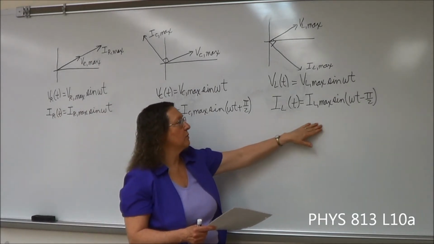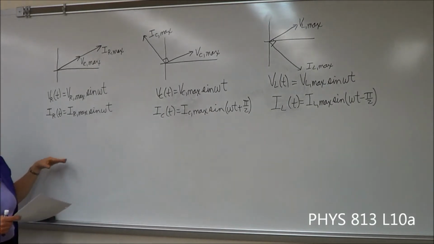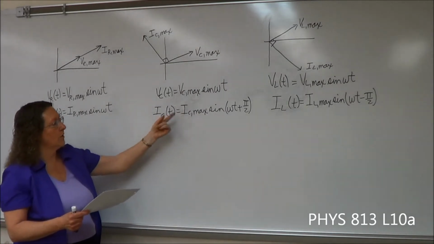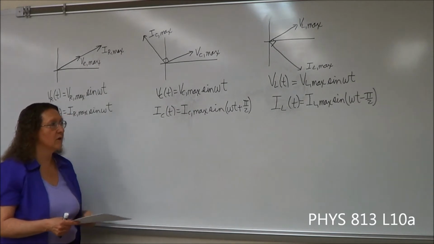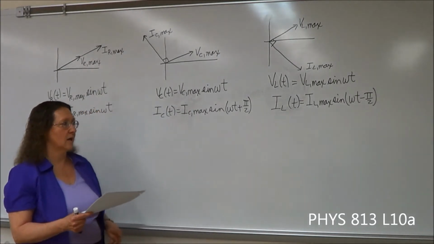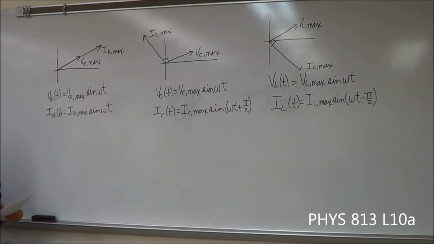And for this one, it would be divided by XL, which is the reactance. And then in the last row, I have a place for you to put resistance or reactance. Resistance is just R. Reactance for the capacitor is 1 over omega C, and the reactance for the inductor is omega times L. And I'm not writing those up here because I'm going to use this space for what we're going to do on the next page.